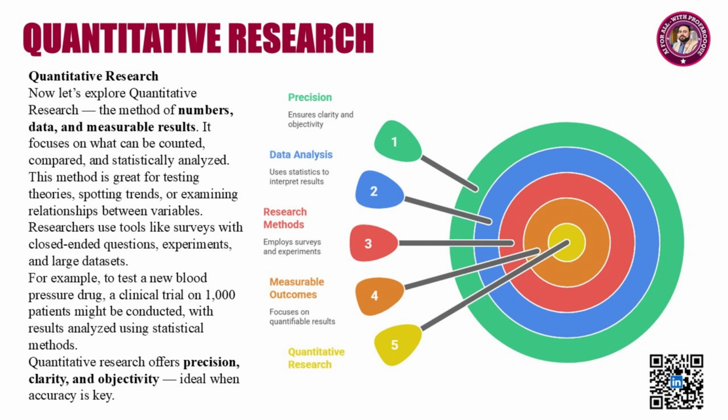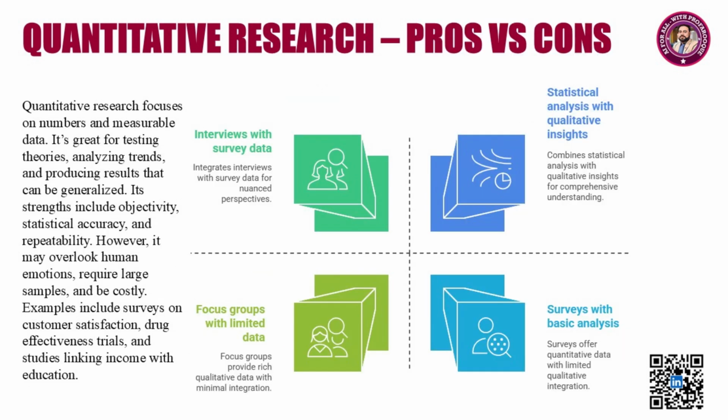For instance, if we want to measure how effective a new blood pressure drug is, we might conduct a clinical trial on 1,000 patients and analyze the changes using statistical formulas. Quantitative research brings clarity, structure, and objectivity, perfect when precision matters.